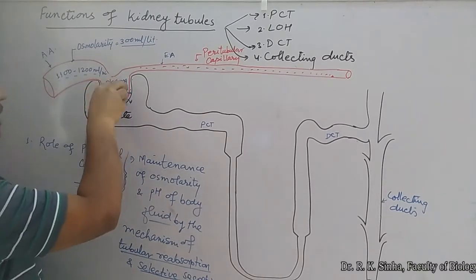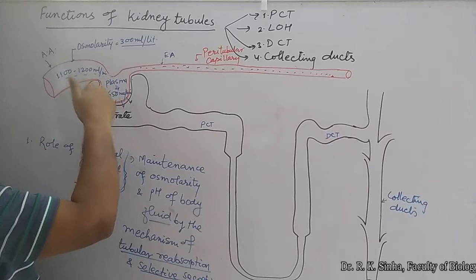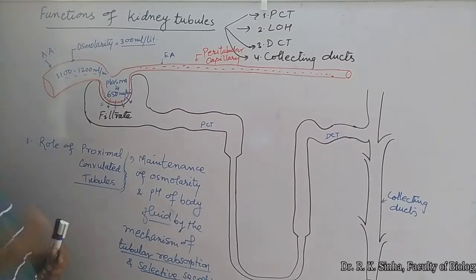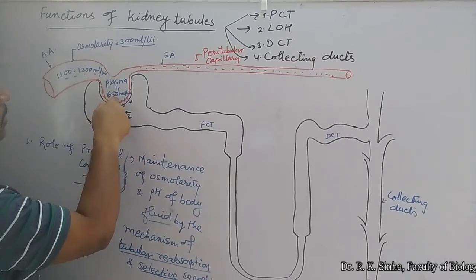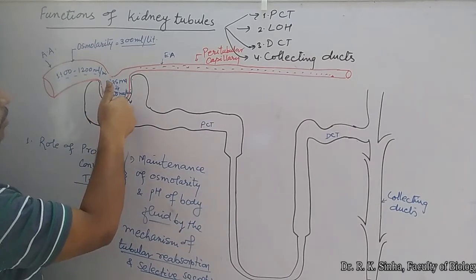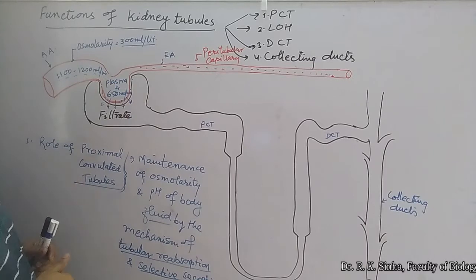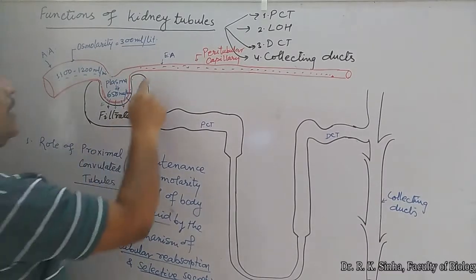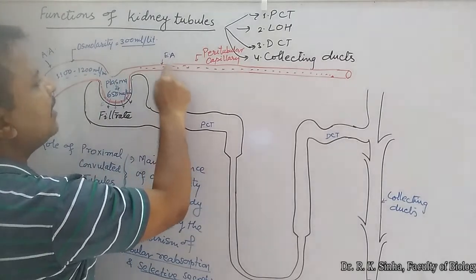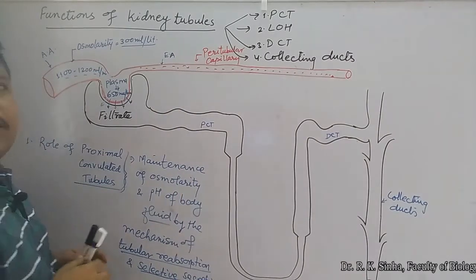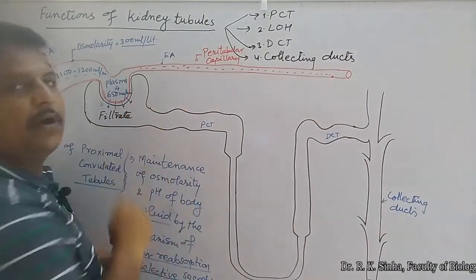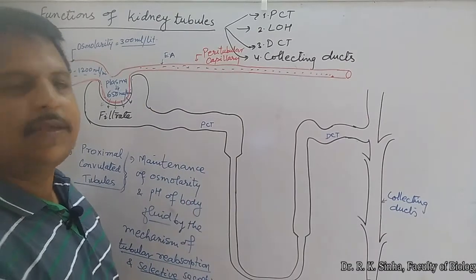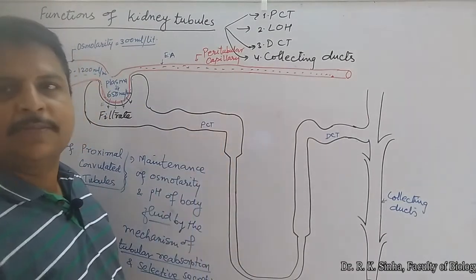Due to ultrafiltration, water, ions, and other organic nutrients are filtered out in excess through this glomerulus. Then what will happen when it passes through the efferent arteriole? Here the osmolarity of the body fluid will go down.